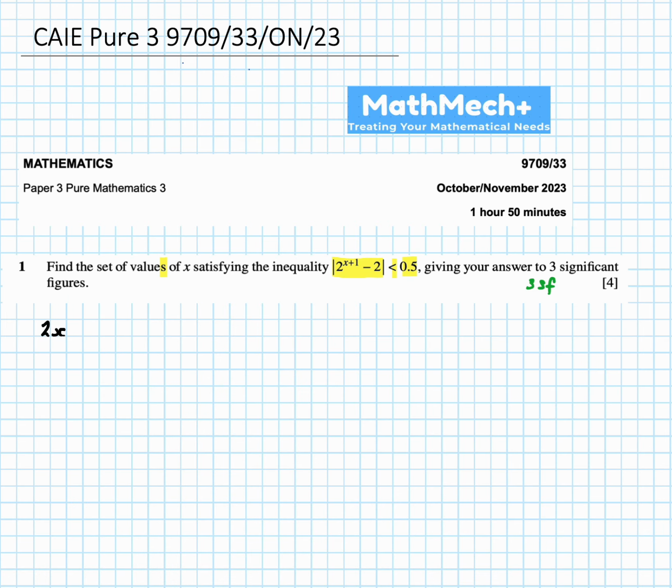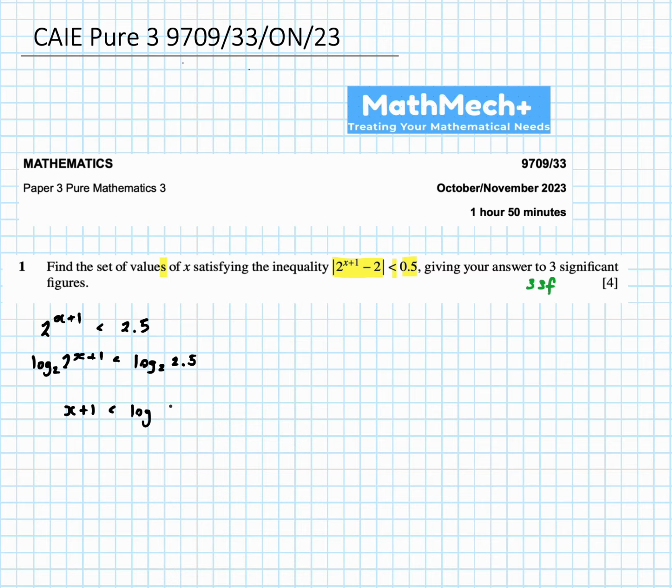Okay, so with the modulus we're going to want to have a negative and a positive version. So let's start with the positive one. I've just taken out the mod and moved the 2 over, so cancelled plus 2 on both sides. Take logs on both sides, log 2 if you want. Don't need a base.